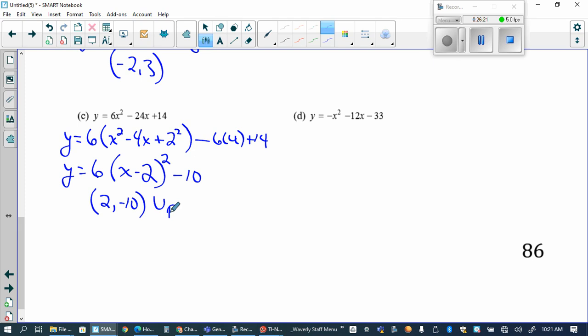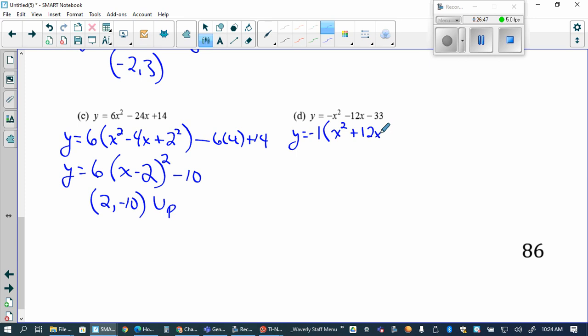What are you going to factor out of the first 2 terms so that you have a 1 in front of the x squared? A negative 1. What does that leave us then? X squared plus 12x.